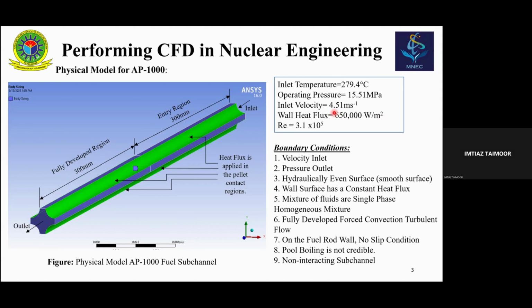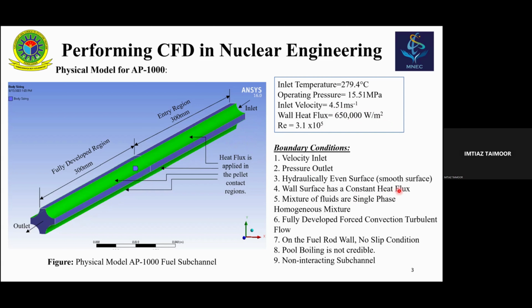If I show it, it will take a lot of time and distract us from this ANSYS learning procedure. So I have just written the value, 650,000 watt per meter square. That is the heat flux given on the wall of the fuel subchannel. So in this case, our wall surface has a constant heat flux.